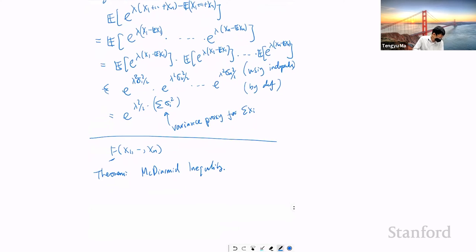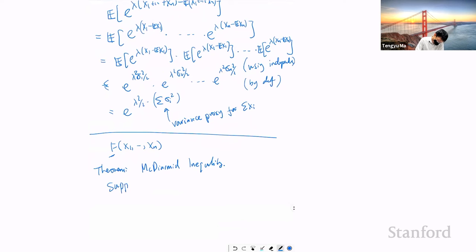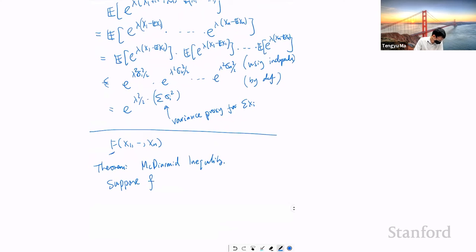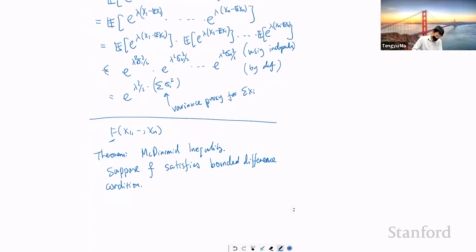So there is a bunch of conditions. Suppose you have a function f, the little f is the capital F I wrote before, satisfying the so-called bounded difference condition. What does the bounded difference condition mean?